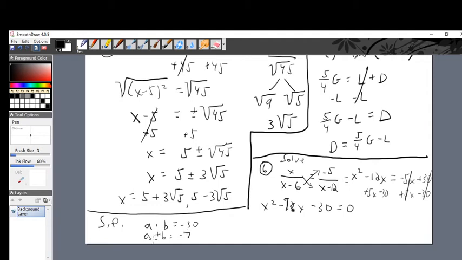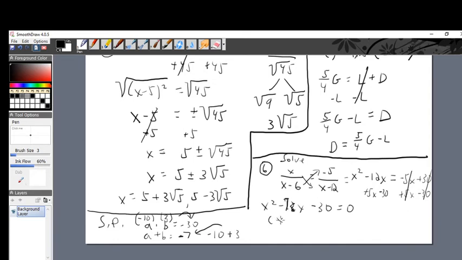The answer is minus 10 and positive 3. Minus 10 times positive 3 is minus 30, and minus 10 plus positive 3 is going to be negative 7. Okay, those are my two magic numbers, minus 10 and positive 3.